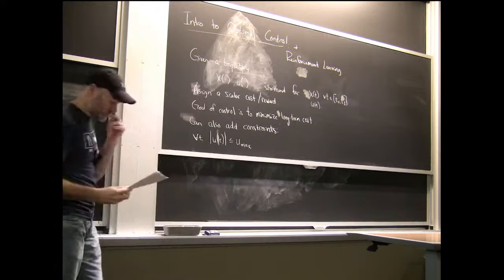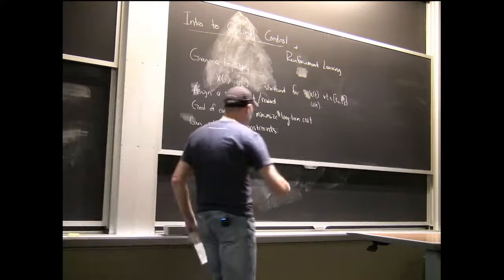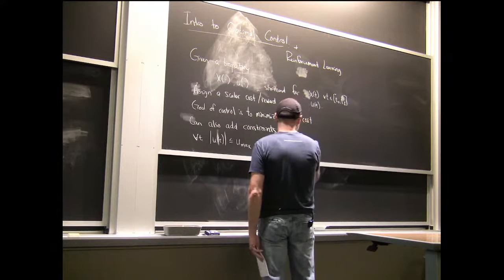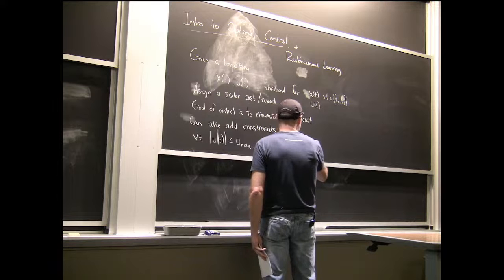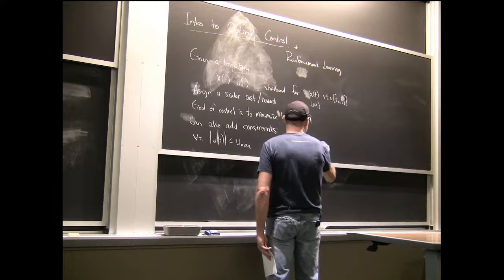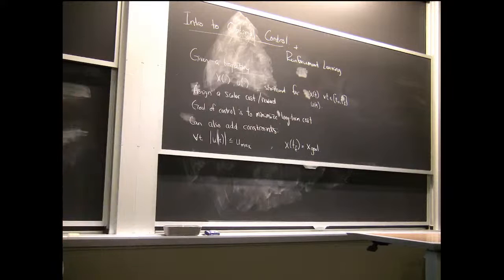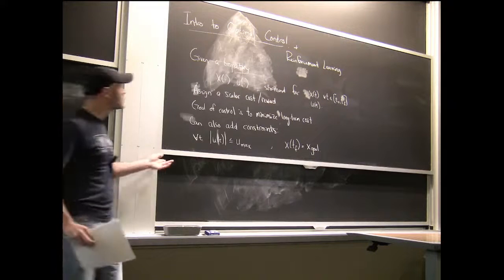Another useful constraint might be to say, I only want to consider trajectories where the system gets to the goal, right? At the final time, the robot gets to the goal. Among the trajectories that get to the goal, I want to pick the policy that works best.